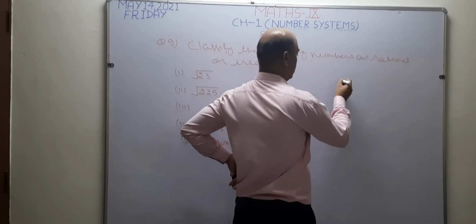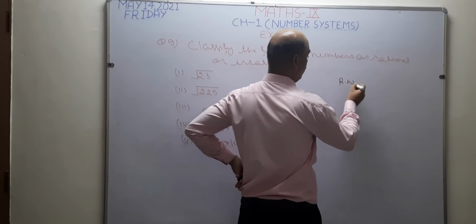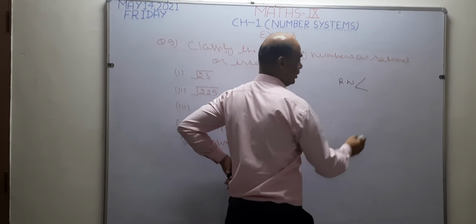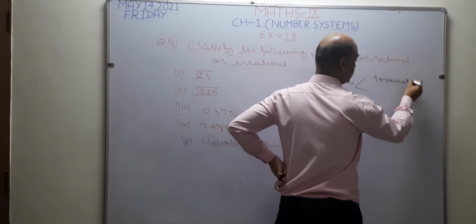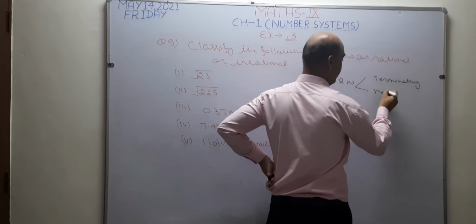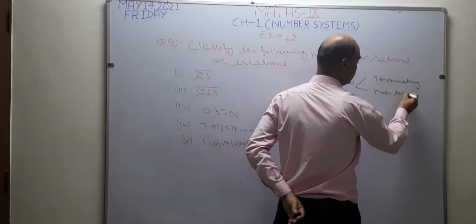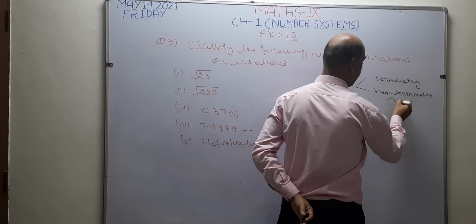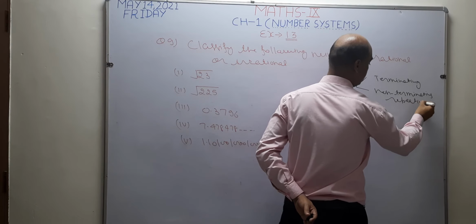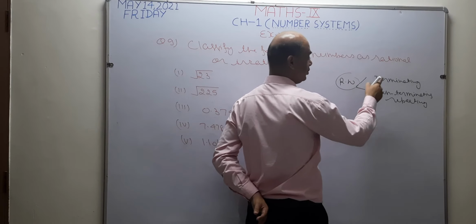Now see, the decimal representation of any rational number is of two types. One is terminating, another is non-terminating and repeating. The decimal representation of a rational number is of this type.